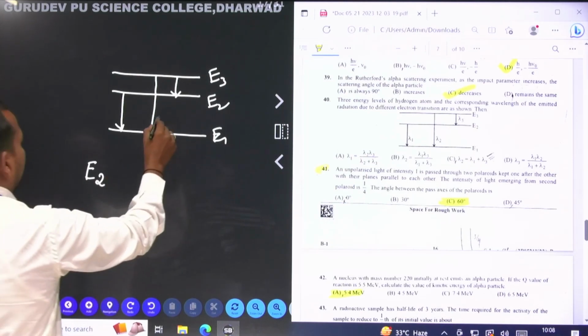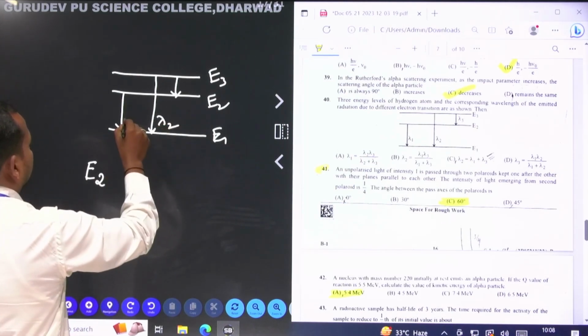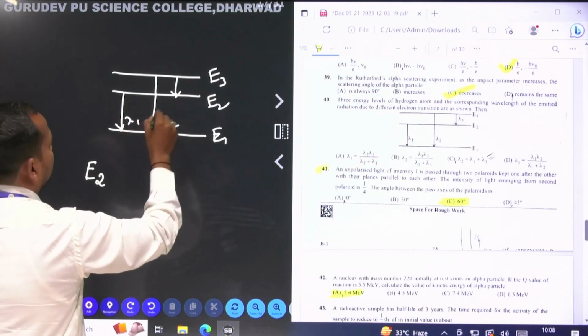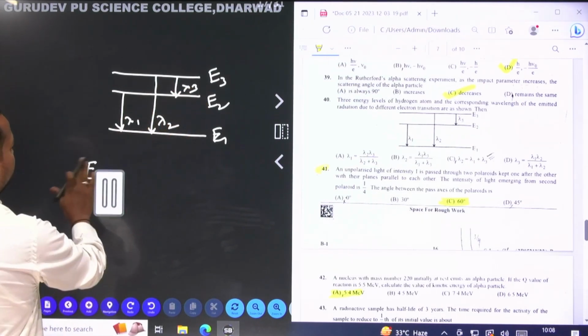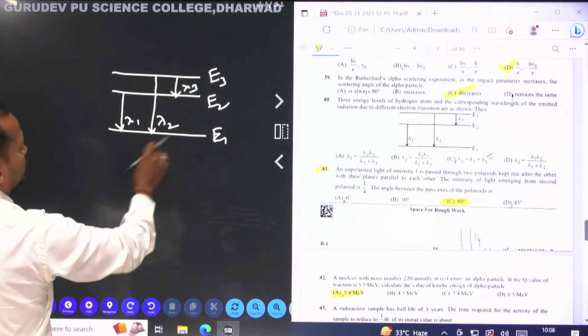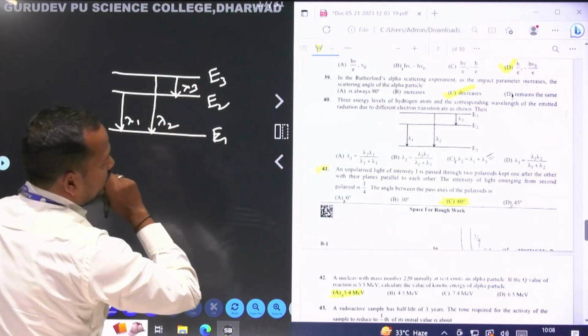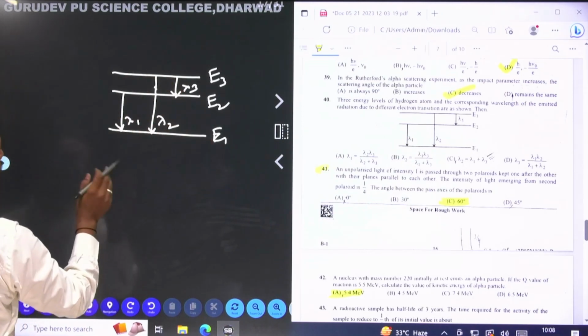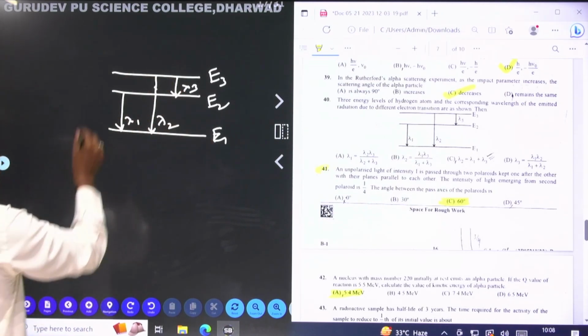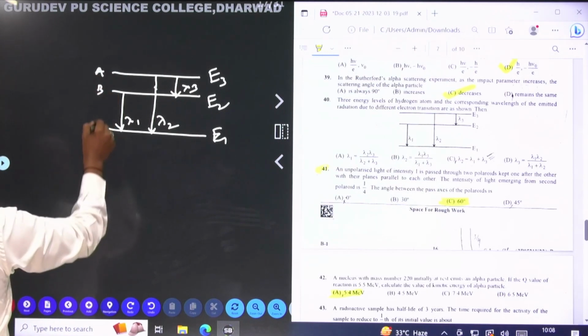Yes, this is lambda 2, this is lambda 1, this is lambda 3. So this is E1 because this is the first line, no? So E1, E2, E3. I will take these as A, B, C.